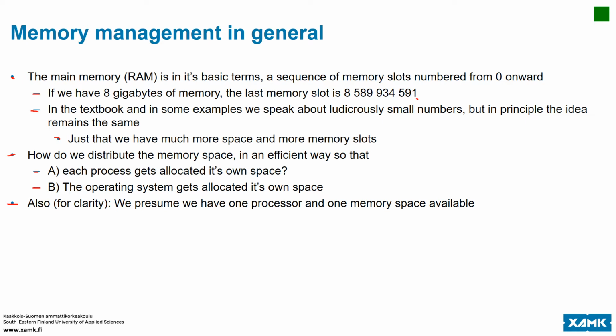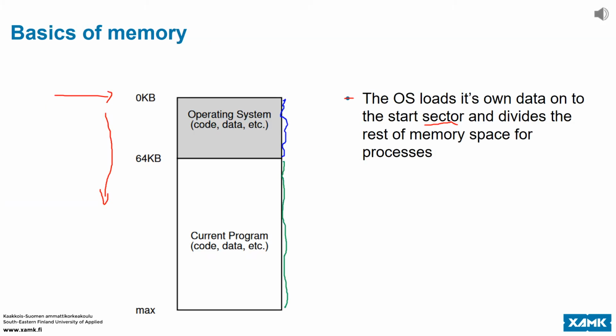But usually, for clarity's sake, it is easier to think of these problems in a way where we have one physical processor and multiple programs. But of course, in real life, this scales up so that it's also possible to schedule and manage processing on multiple CPUs at the same time.